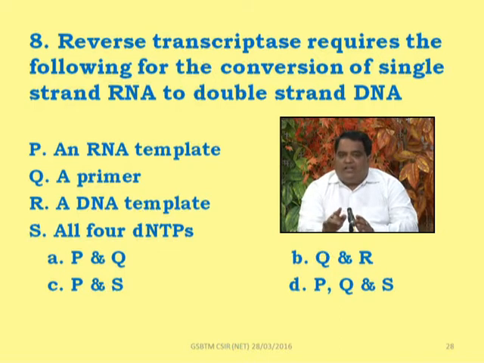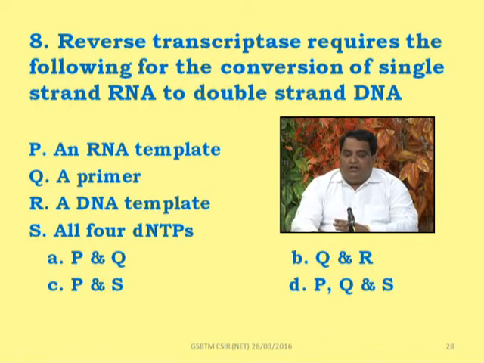And all 4 dNTPs. Yes, if we want to synthesize DNA molecules from DNA or DNA molecules from RNA, there is a need for dNTPs, what we call dATP, dCTP, dGTP and dTTP. So these are called the 4 dNTPs. The 4 dNTP molecules are precursor molecules for the synthesis of DNA.